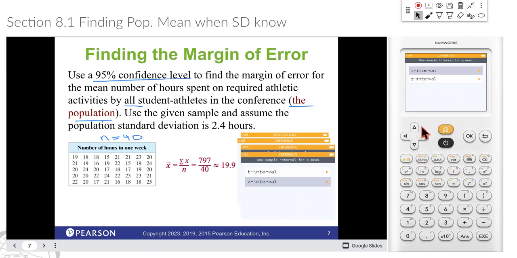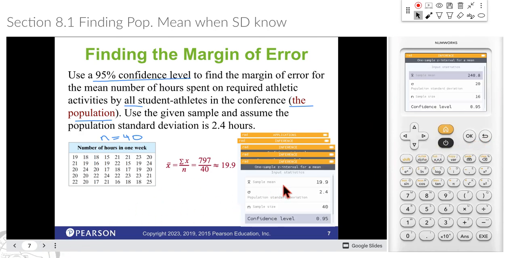We will do T intervals later in another section, but we want Z intervals. We could input the statistics, which is what we want to use, or you could use a data set. If you didn't know the mean, you could enter all this data and it will calculate it for you. But since we have the statistics, we're going to input them.